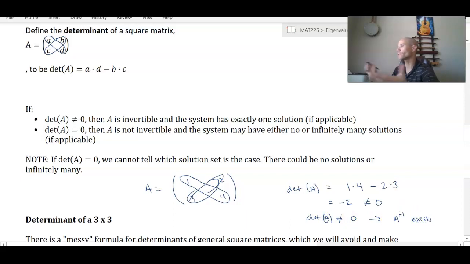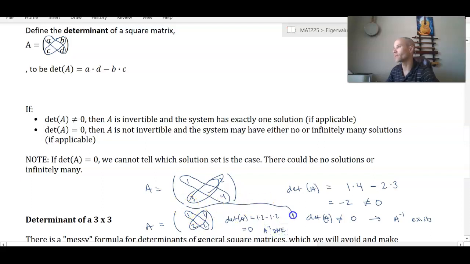Didn't find it for us, but it was a quick way just to check whether it will have an inverse or not. Now I could come up with a matrix like 1, 1, 2, 2, and the determinant of A will be 1 times 2 minus 1 times 2, which is equal to 0, which means that A inverse does not exist for this particular example.